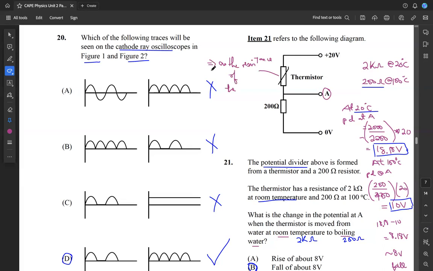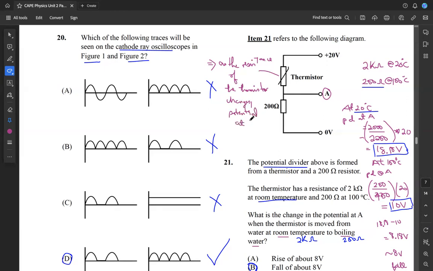So we need to get this into our heads before we approach this question. As the resistance of the thermistor changes, the potential at A will also change, right? That makes sense. If your resistance is changing, the potential at that point will also change.